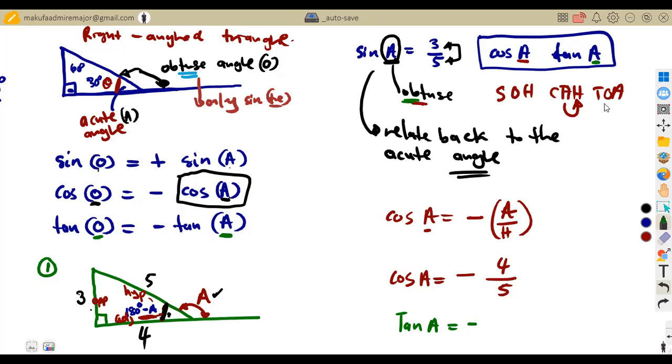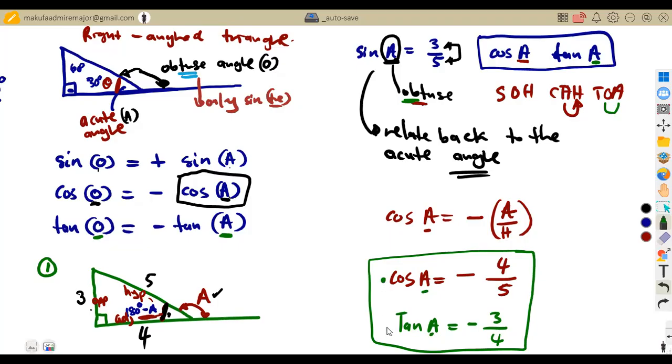So we are going to have opposite over adjacent, opposite, which is 3, over adjacent, which is 4. But our answer carries a negative, because these angles that we are relating are obtuse angles. So their ratios must be negative. Cos must be a negative. Tan must be a negative. That is how you play around with this ratio. That is how you play around with this information.